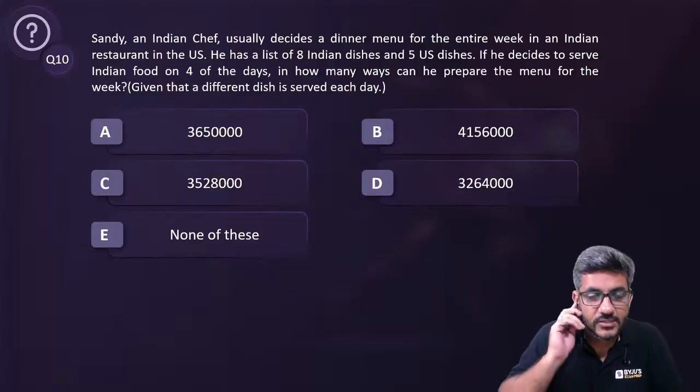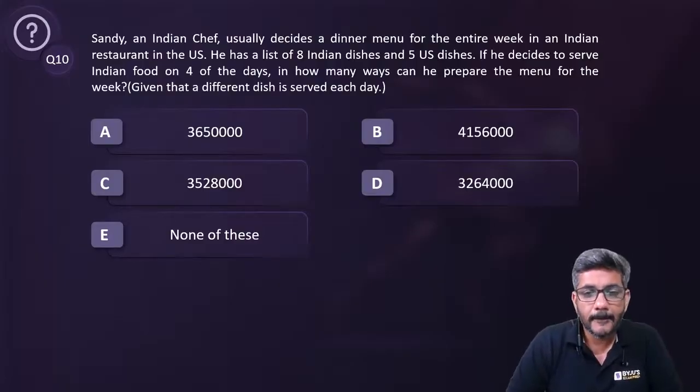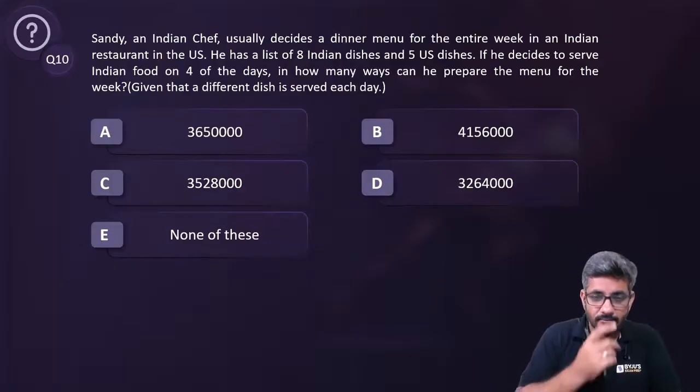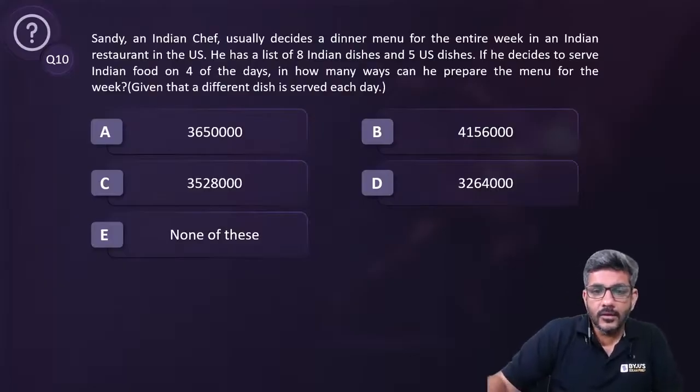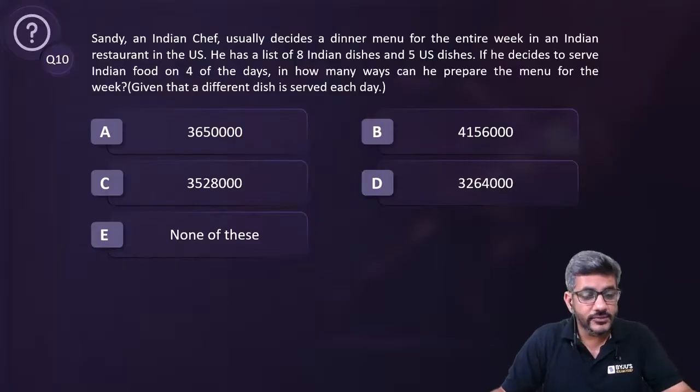Question number 10, the last question of the day. Okay, Vijay Arora says none, and I got just one answer. So let's start discussing.